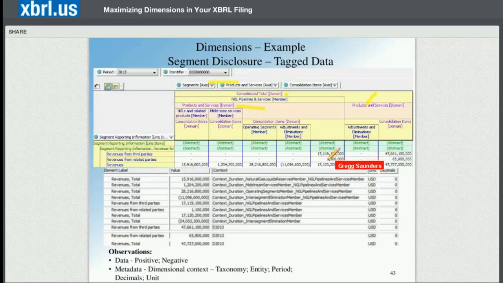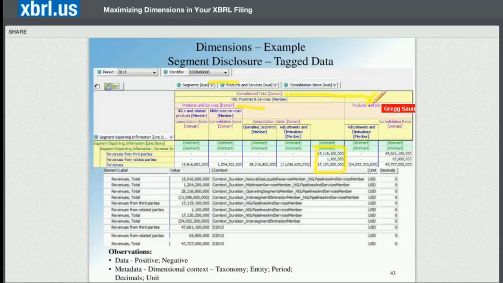Then you come over to the 17119.1 and the 1.1, and they add up to the 17120. This is where both of those tables in the printed financials come back together. Notice that these are not being qualified by anything other than the NGL Pipeline and Services member. They are the total consolidated sales associated to that segment.